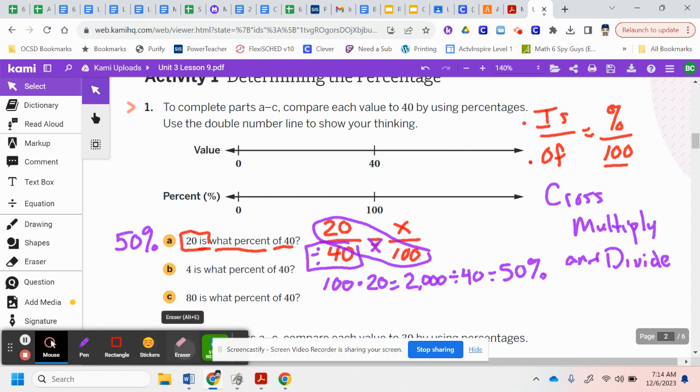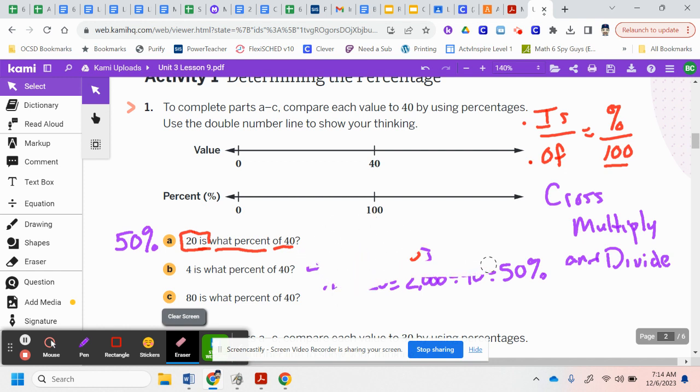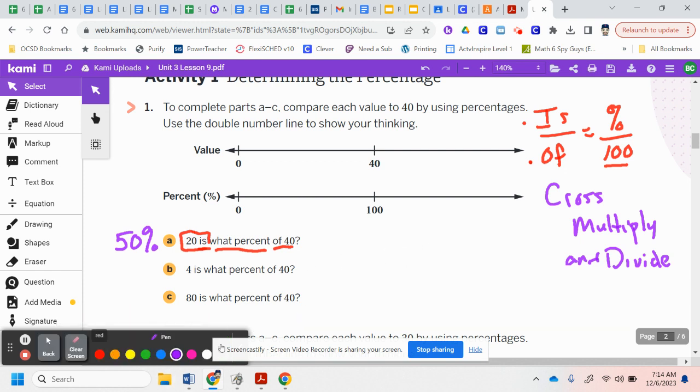Okay, so I'll erase this again, and we'll look at letter B. Everything is set up the same way. So if I look at letter B, it says 4 is what percent of 40? So I have my is over of equals my percent over 100. So now I just simply start putting in numbers. 4 is.